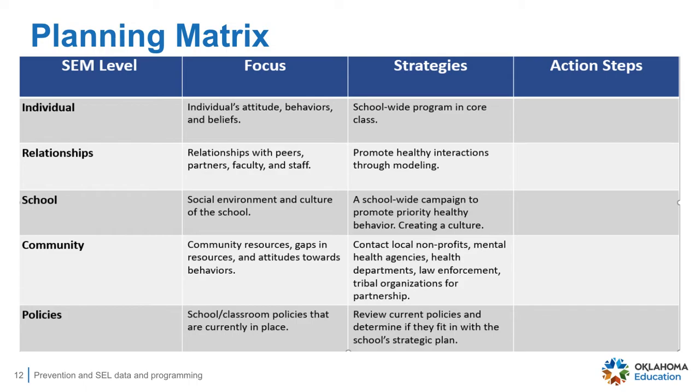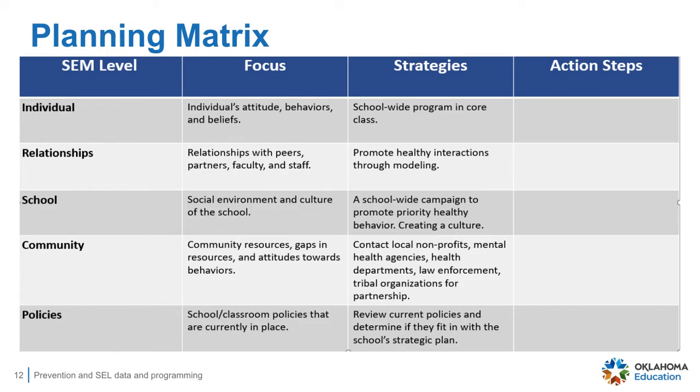As part of the Prevention and Social Emotional Learning Guide provided in this section, we have included a planning matrix with the 5 social ecological model levels, some examples of how to focus on these areas, and then a section for your team to include action steps to achieve implementation at each level.